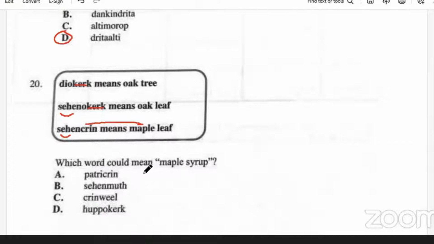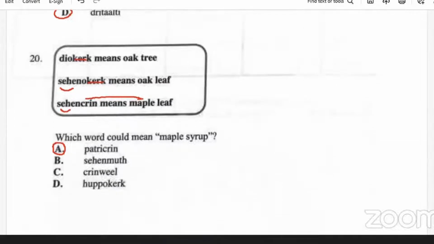So, if we have maple syrup, that means crin should be at the end of the artificial language because for it to be first in the English translation, it has to be last in the artificial. So which word has crin at the end? And that would be A. All right. Remember, it's pretty much opposite. The word that's first in the artificial is the word at the end in the English translation.